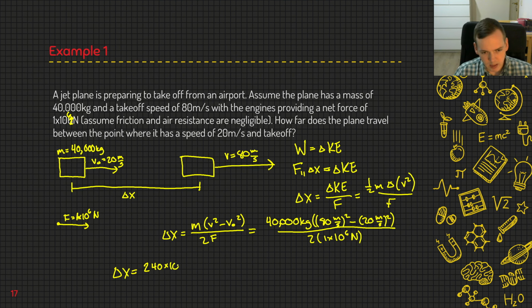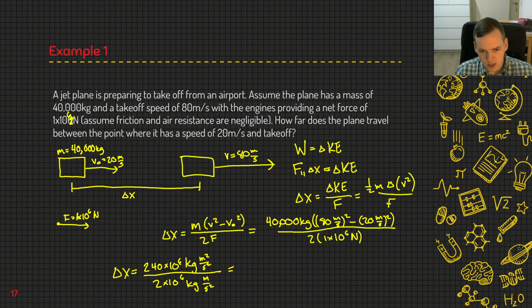240 times 10 to the 6th kilograms meters squared per second squared, because these meters per seconds are going to get squared and are multiplied by kilograms. And then I'm going to divide by 2 times 10 to the 6th. Now Newton is a kilogram meter per second squared. So notice that my seconds are going to cancel, my kilograms are going to cancel, one of my meters is going to cancel.